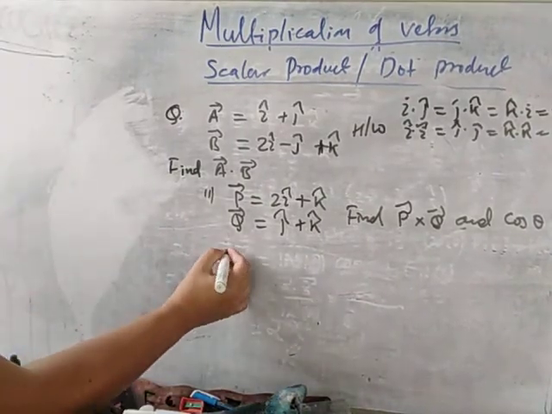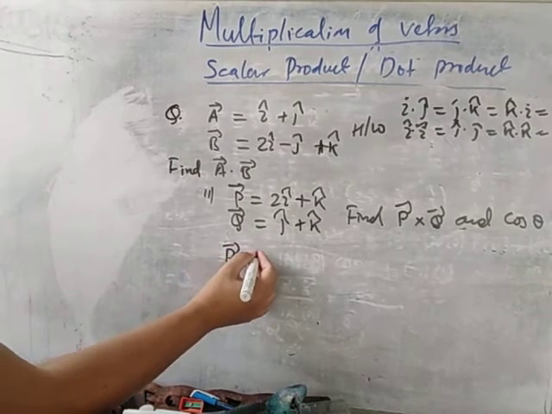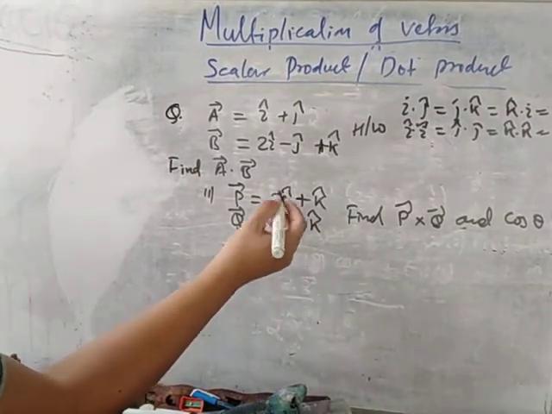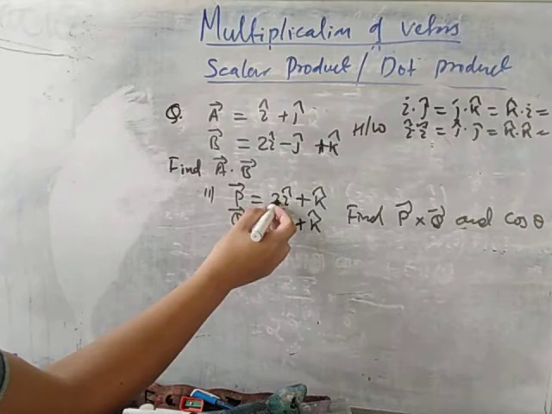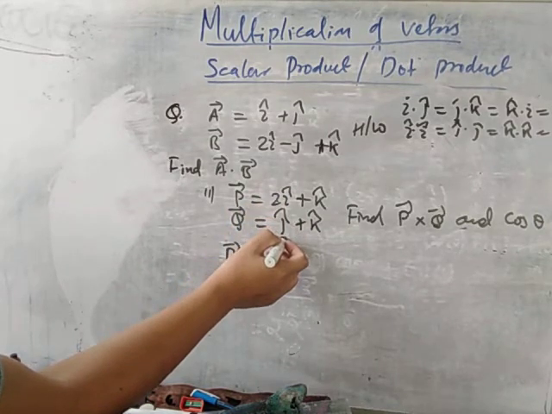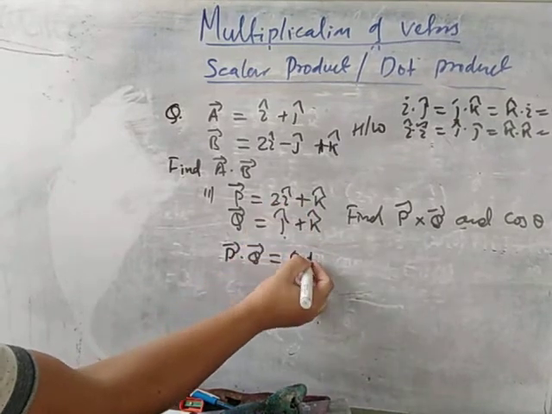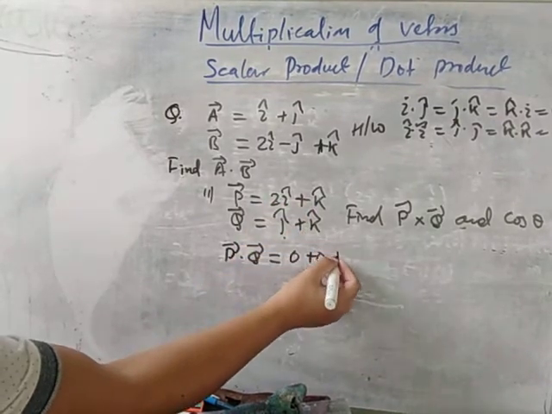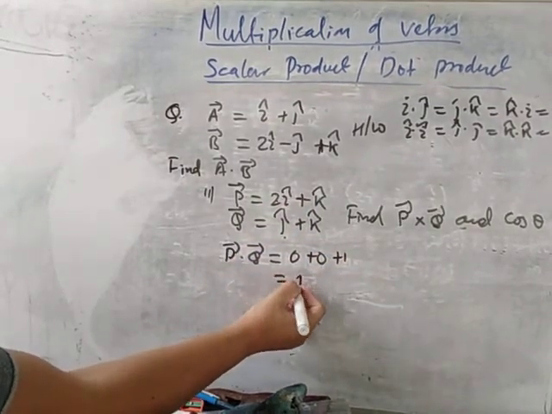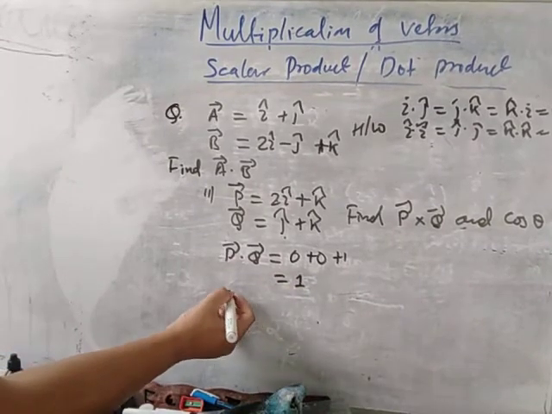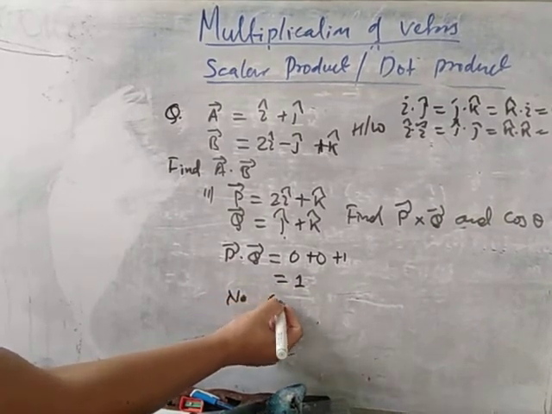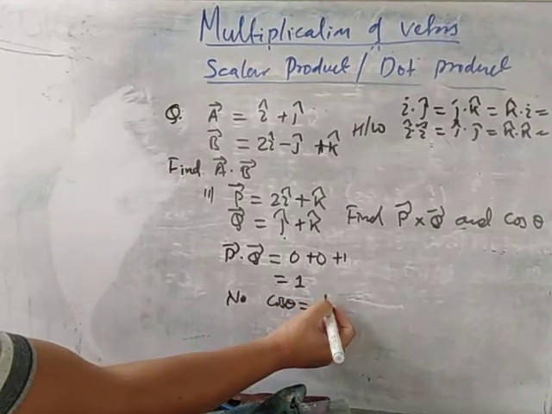So p dot q equals how much? This into the next one, 0, j into j, 0 plus 1, isn't it? So 1. Now cos theta equals how much?